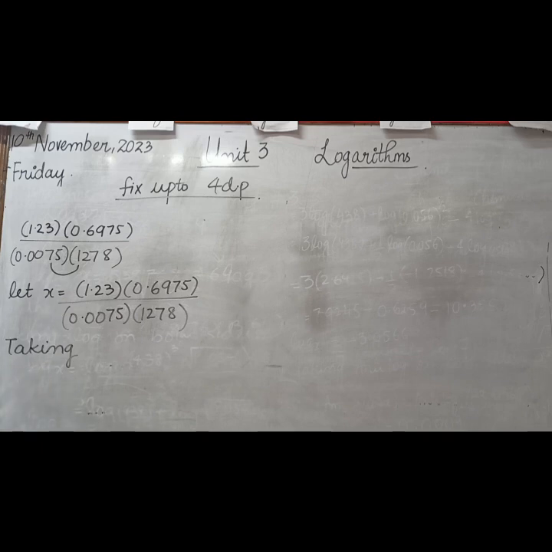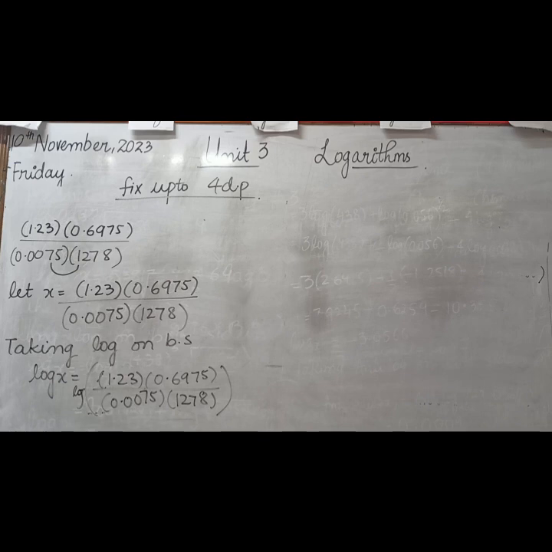Taking log on both sides, take the log of all the terms. Log of x is equal to the log of the whole expression 1.23 into 0.6975 over 0.0075 into 1278.